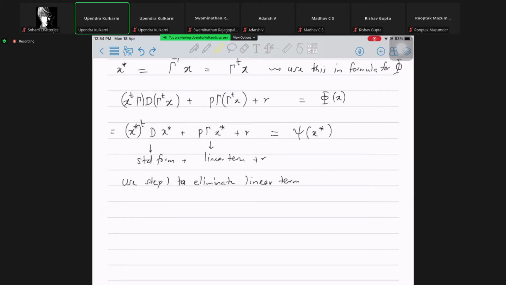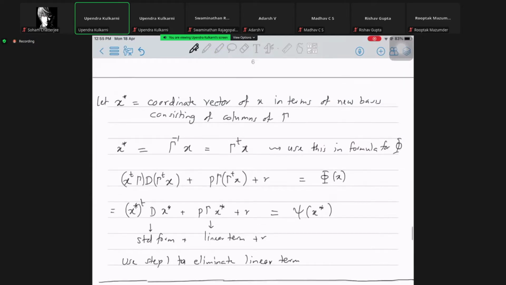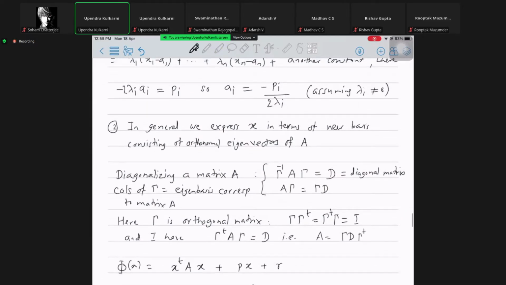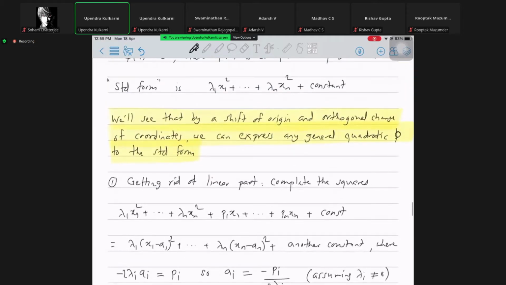Okay, so let's now go back and see more examples. Let's go back to the standard form to complete the geometric description.